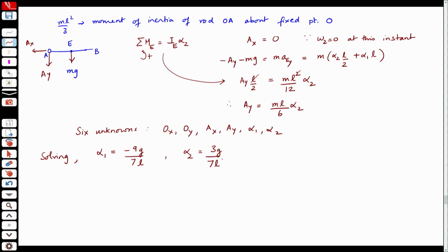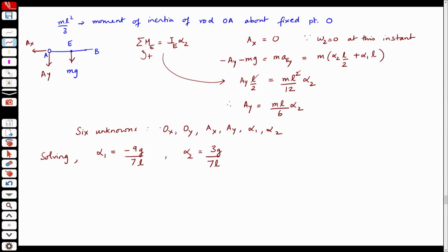An easy way to solve for alpha 2 would be to take the moment about... Anyway, these are not very hard to solve, they are fairly simple algebraic equations, but this is what you get. What this tells you is that they try to rotate in opposite directions with unequal accelerations.